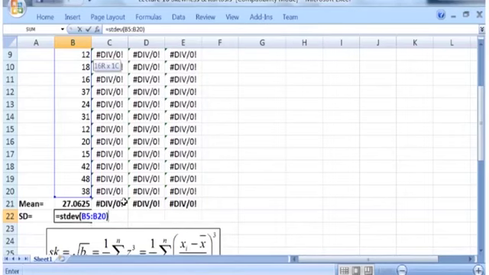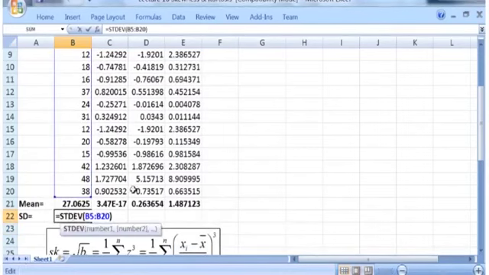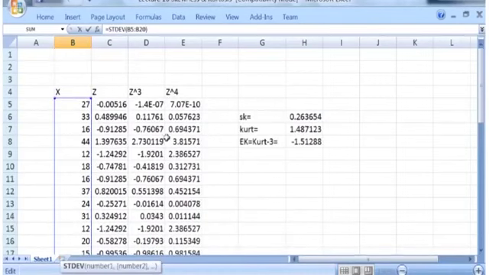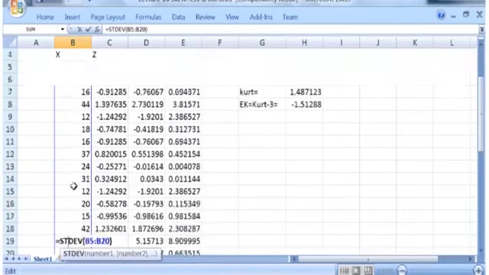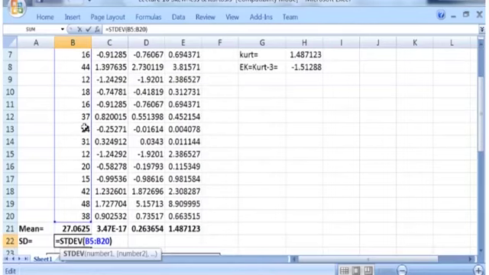So to calculate standard deviation using n, we have to adjust this formula using one simple trick. If we press enter, this is the standard deviation. It is obtained by subtracting this mean, which is 27, from each x value, then squaring the deviations, then summing and dividing by n minus 1.